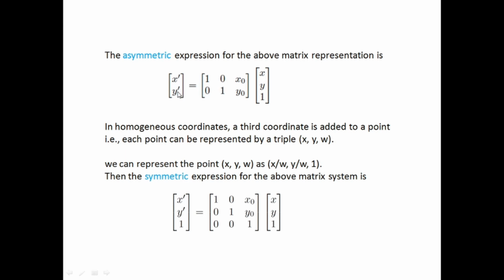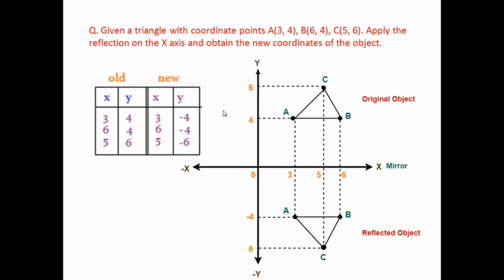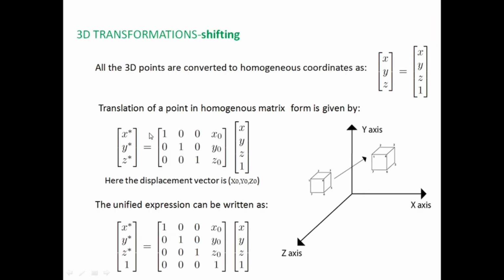So x dash and y dash are the new 2D coordinates, the shifted, translated version. The same expression I have produced here in the 3D space. So I have 3D coordinates here. This is my translation matrix or vector, and this is my original coordinate point. This is my asymmetric expression.